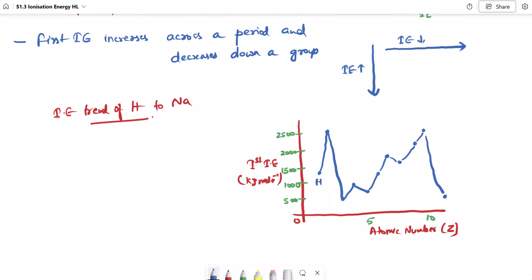So this is hydrogen, helium, lithium, beryllium, boron, carbon, nitrogen, oxygen, fluorine, neon, sodium.